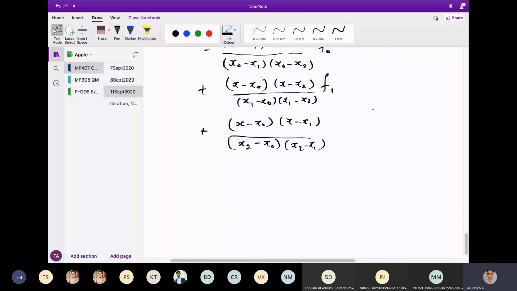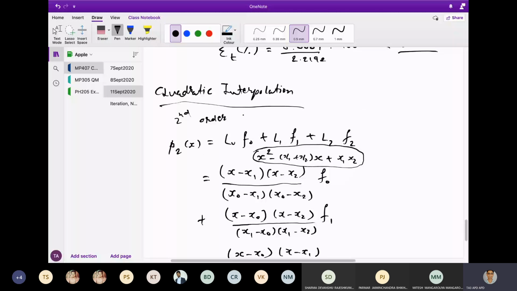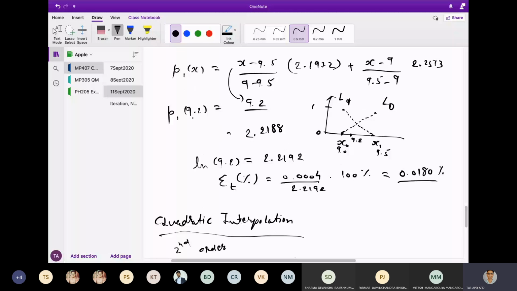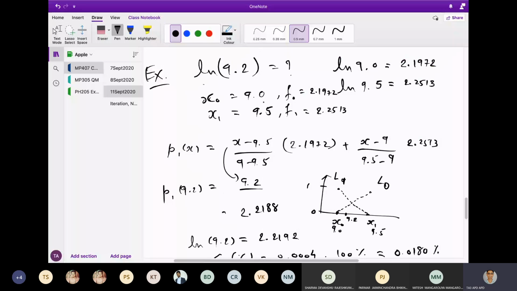to interpolate the data. Now we will see how to minimize this error by taking a higher order polynomial of Lagrange interpolation. We'll do the same example, but we will add one more data point.